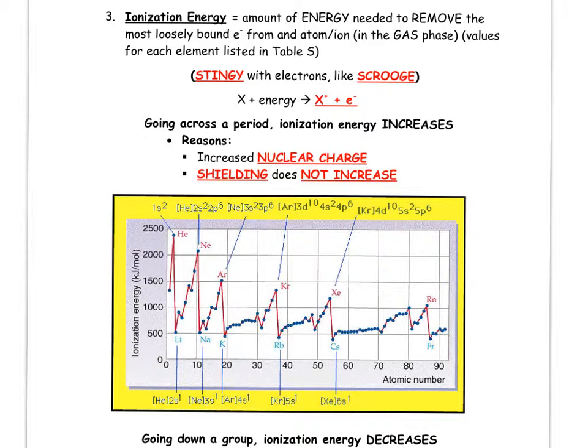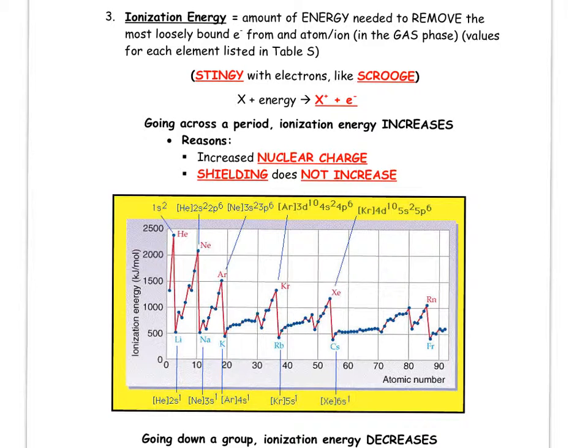So if we go back to an example where we're talking about money: if I want to take an electron away from you, and you are a very strong element, then I'm going to need a lot of money to buy the electron from that very strong element.